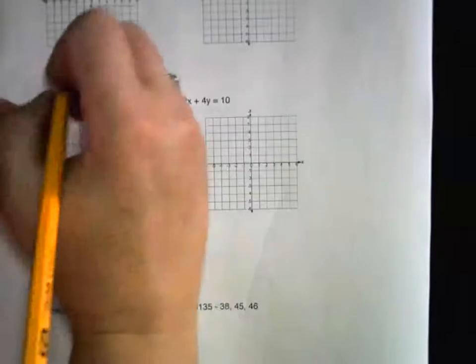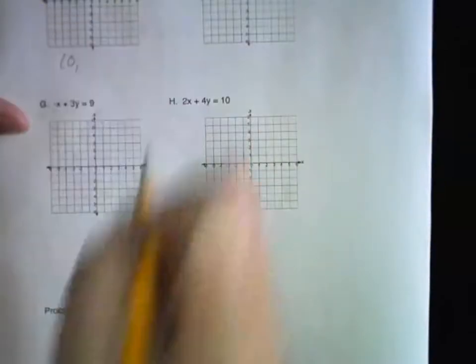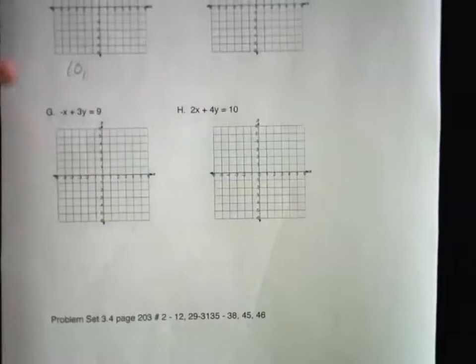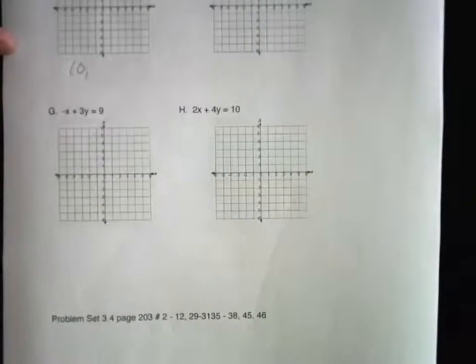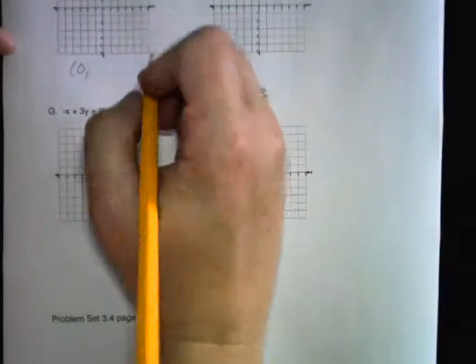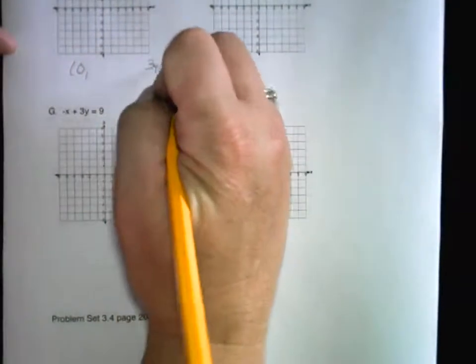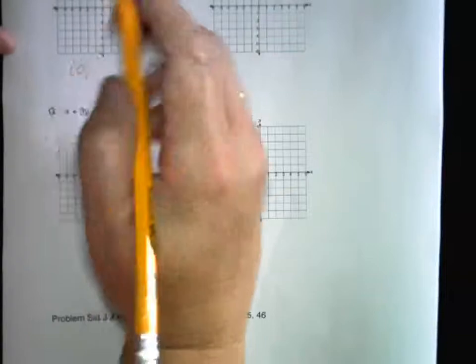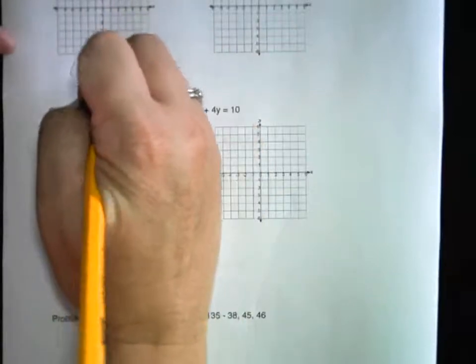Couple more of these. If x is 0, and you might start to notice a pattern with these. If x is 0 and you cover that up, you don't necessarily have to write out the 3y equals 12. You can just do 12 divided by 3, which is 4.